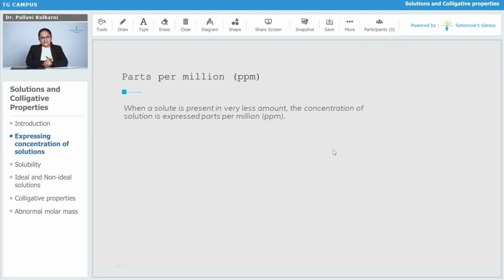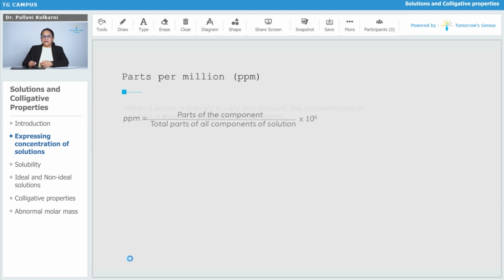In some cases, the solute particles are very less in amount as compared to the solvent. So in that case, we cannot express the concentration in terms of mass percentage, volume percentage, or m by v also. Therefore, in this case, we are going to use ppm as the unit. When solute is present in very less amount, concentration will be expressed in the ppm unit.